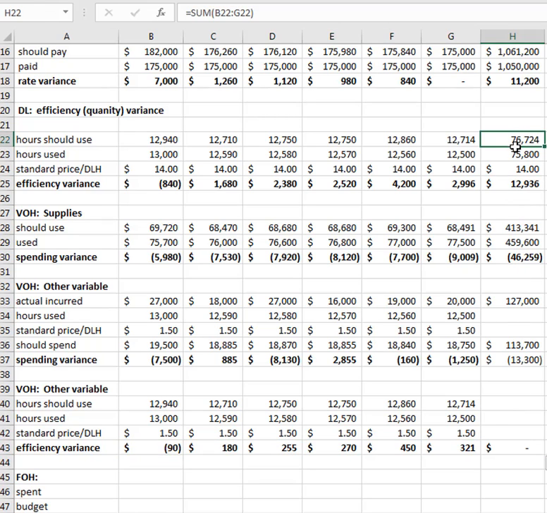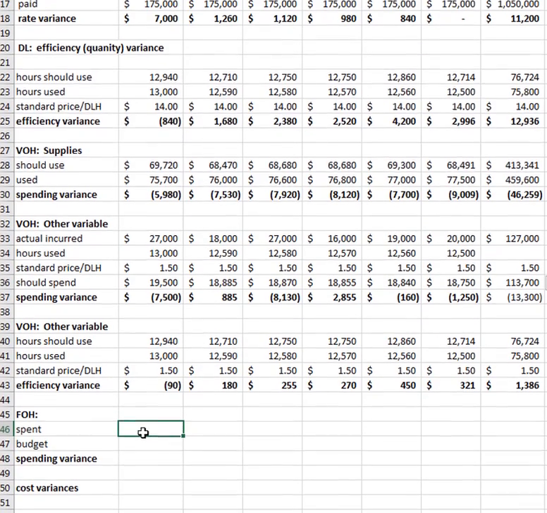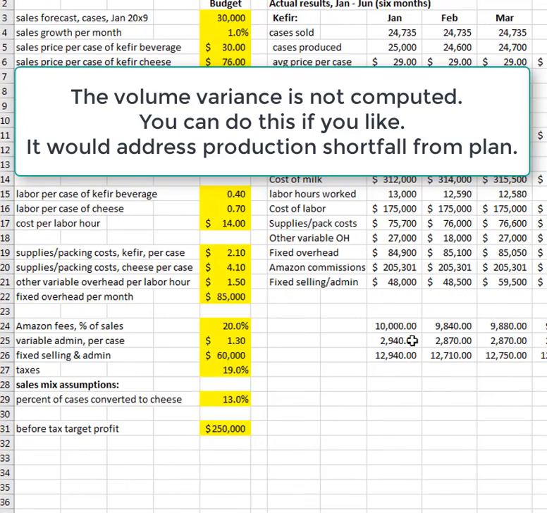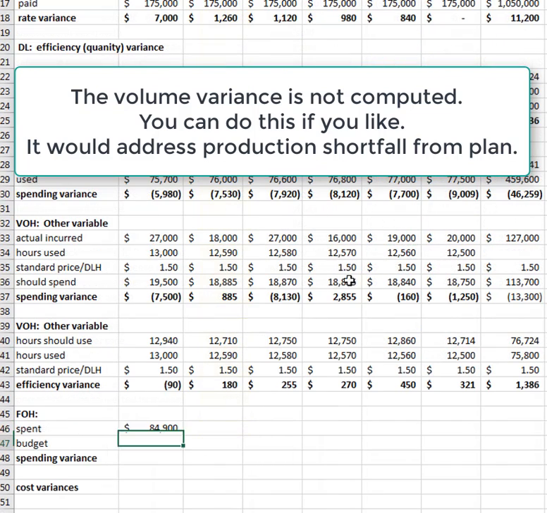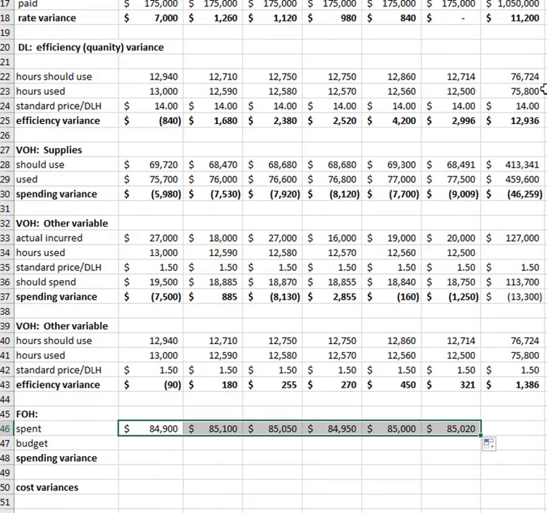And then let's get the 6-month summary. So let's look at the spending side of the fixed overhead budget. So they tell you what they spent. And we can sum that up.